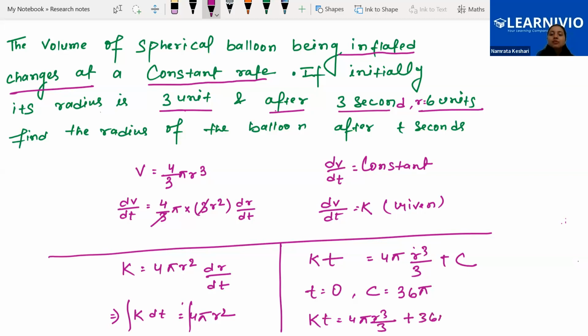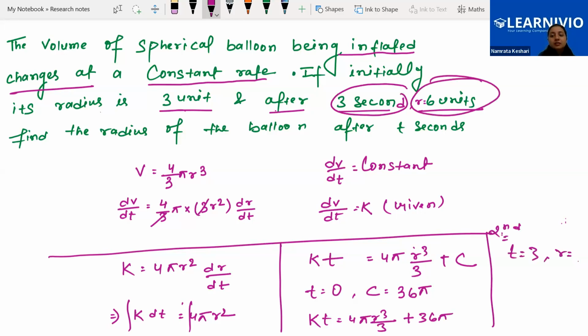Now we will use the second scenario, t is this and r is this. Why are two conditions given? Let's substitute and check why it is given, Murtaza.